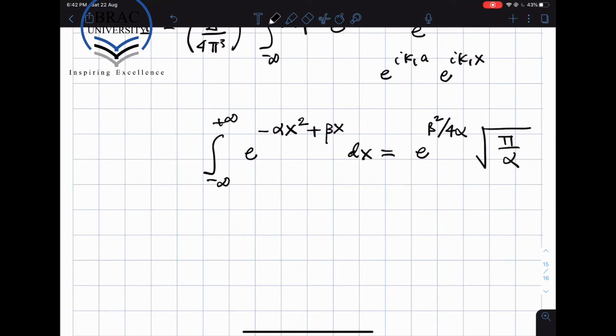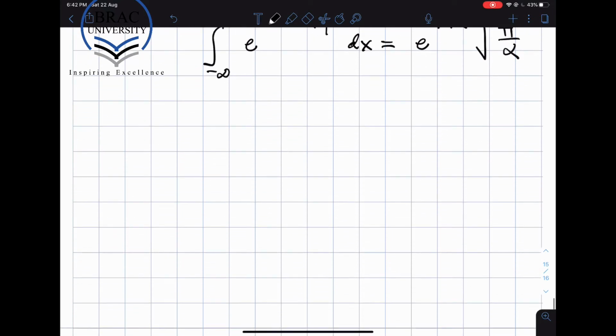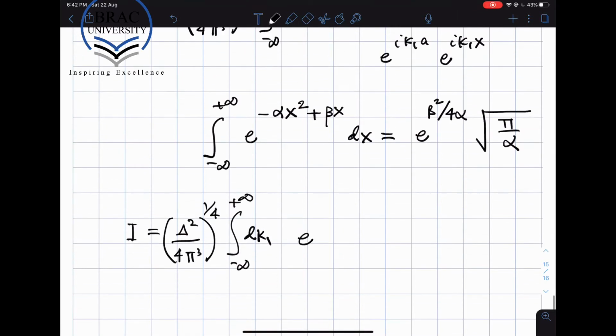To use this, we will rewrite the integral I in the following way. So I will have the normalization, and inside the integral, we will rearrange everything so that the argument of the exponent has this form.